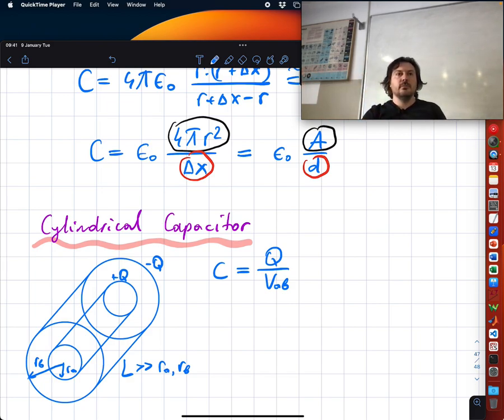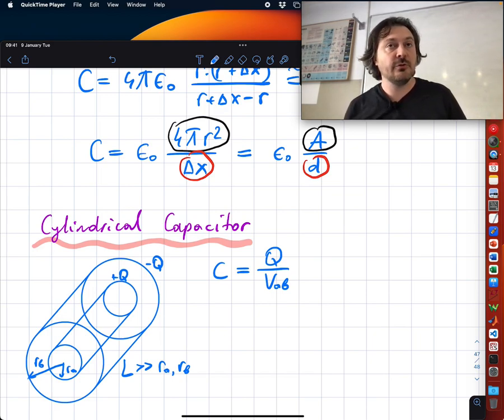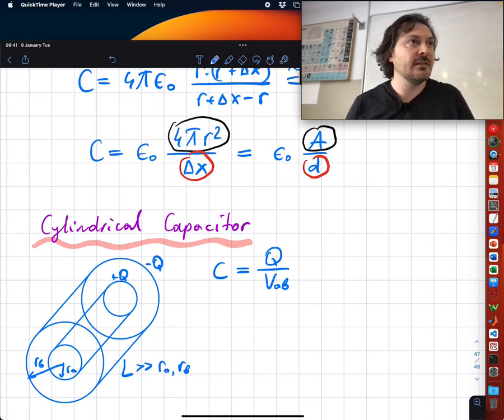Perhaps the symmetry could be broken. If L is almost equal to RA, then there is almost no way for me to solve this system analytically. I can't apply Gauss's law. It becomes a finite system. Are you following? Yes? Good.